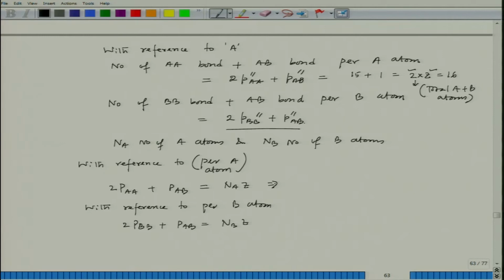So, I can write it in this form. PAA would be equal to NAZ minus PAB by 2, PBB equal to NBZ minus PAB by 2.